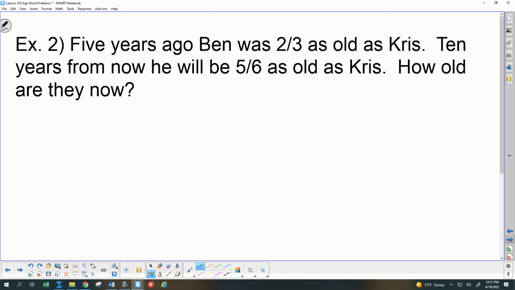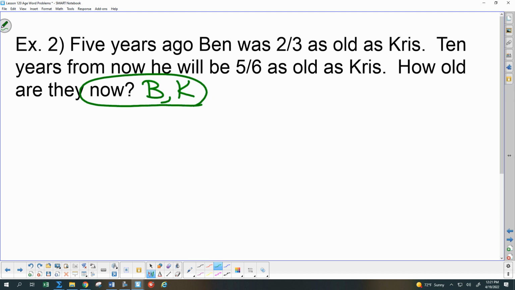So 5 years ago, we have some information. 10 years from now, and they don't tell us anything about how the ages are related now, but we are supposed to find how old they are now. So I'm going to go with B and K for how old they are now.